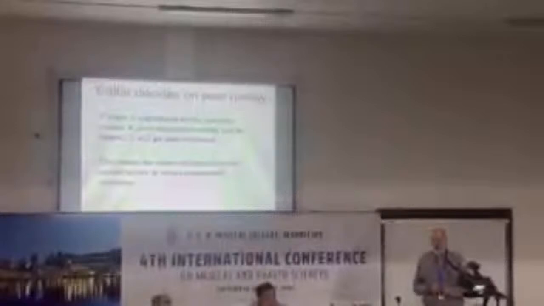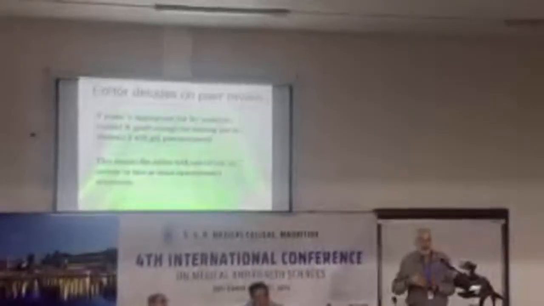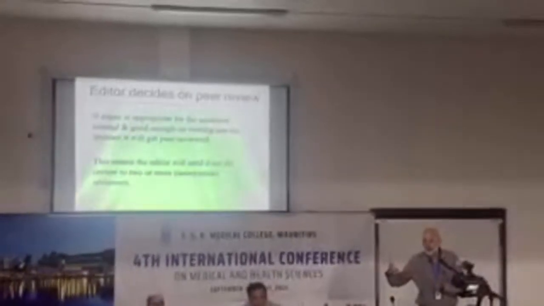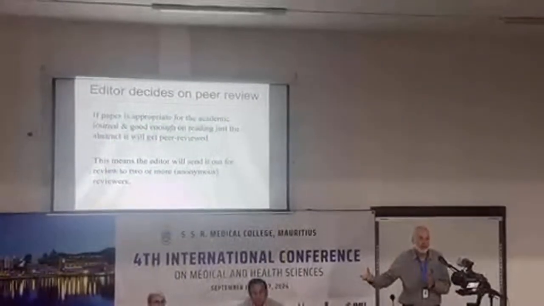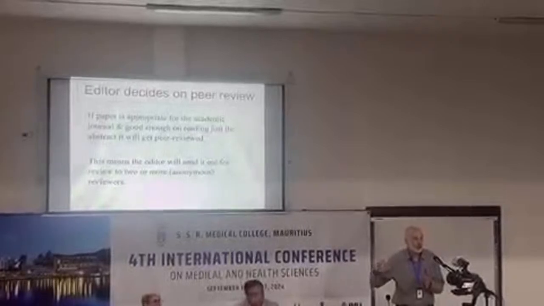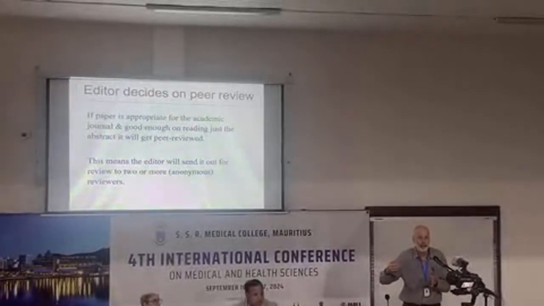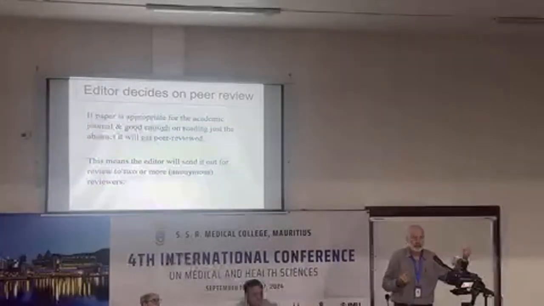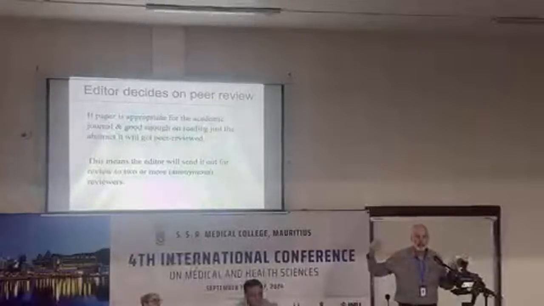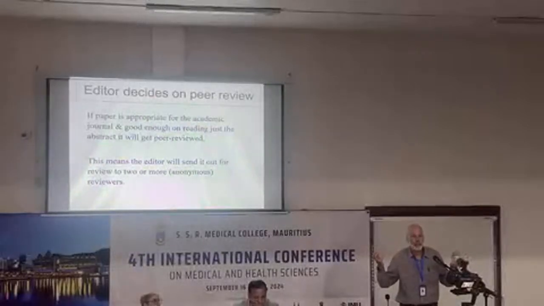And then the editor makes the decision. So it goes out to reviewers, two, three, sometimes four. Reviewers come back with comments and a verdict on the quality of the paper. Now these are not all the same. Someone is a methodologist, someone is a topic expert, someone is a technical expert, and they read the paper slightly differently.